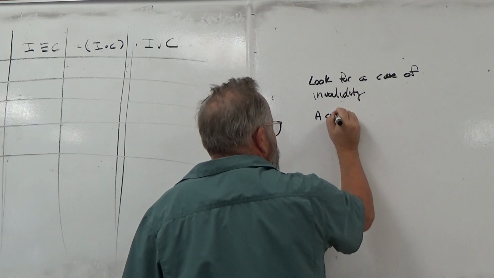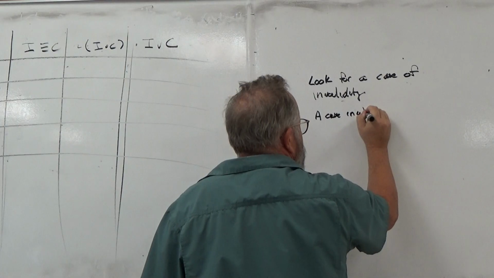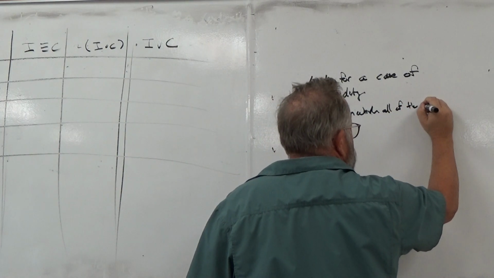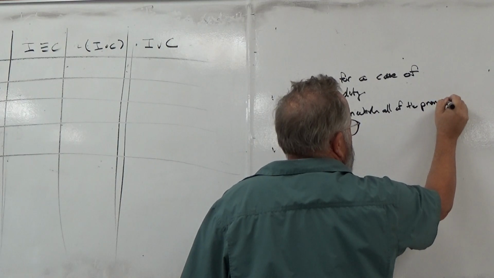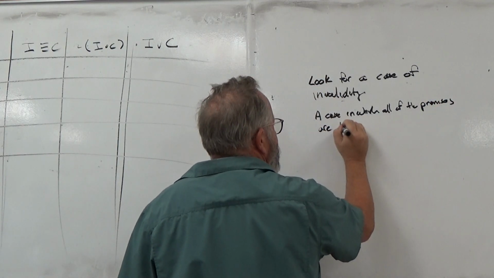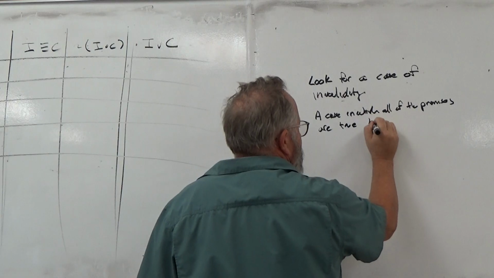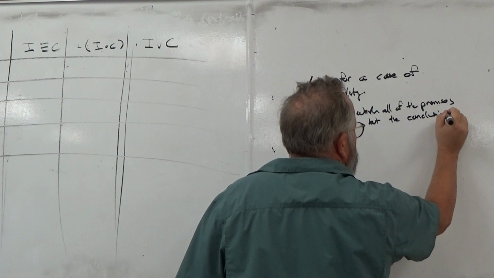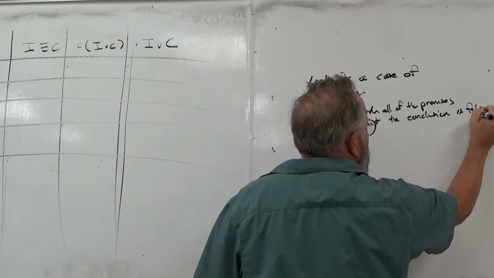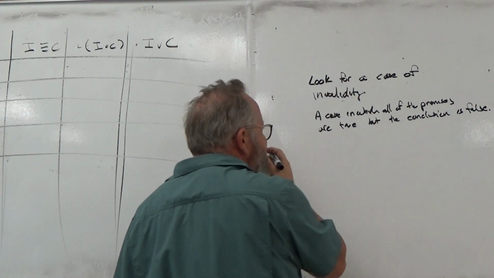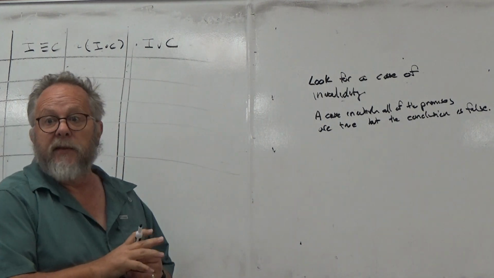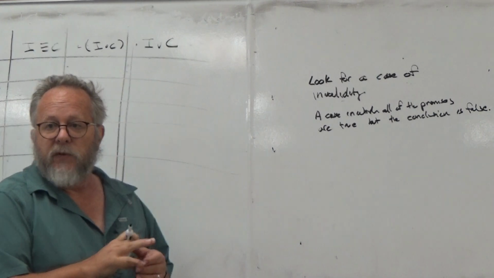A case in which all of the premises are true, but the conclusion is false. Okay? That's a case of invalidity. And if you don't find that, then it's valid. Okay?